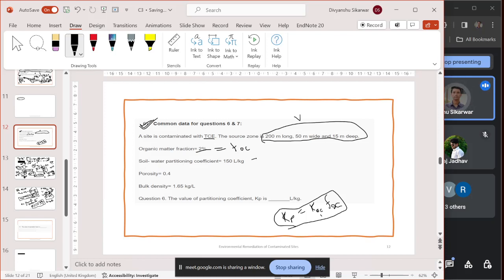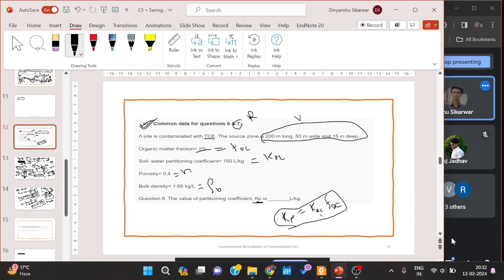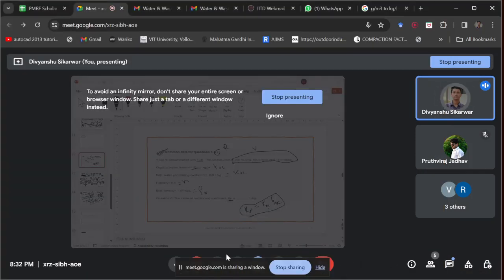Soil water partition coefficient, this is KOC. This is porosity. Bulk density is rho v, and Kp value is asked. There's an additional question, question 7, which depends on this same data. So first calculate Kp, then we will move forward. The seventh question will ask for R, the retardation factor. Try to solve.